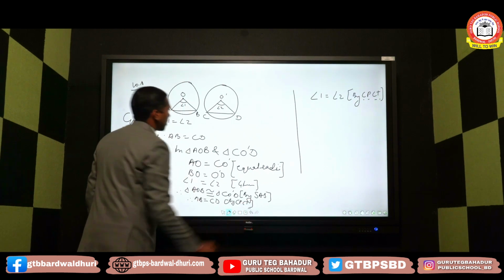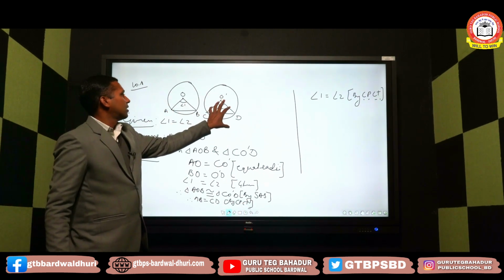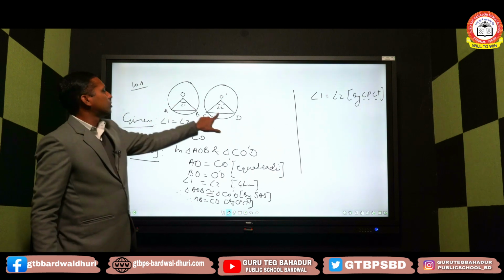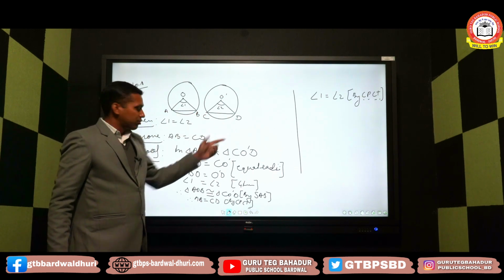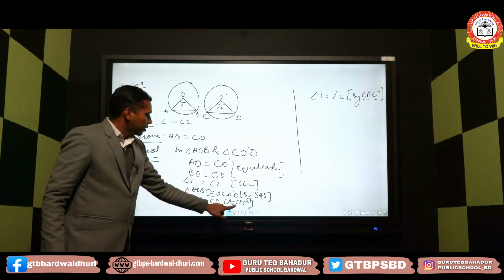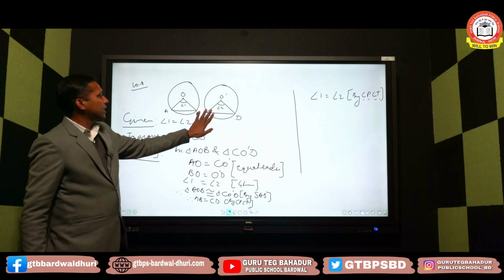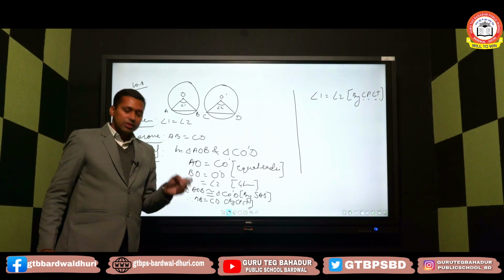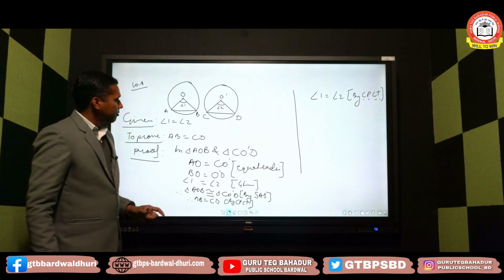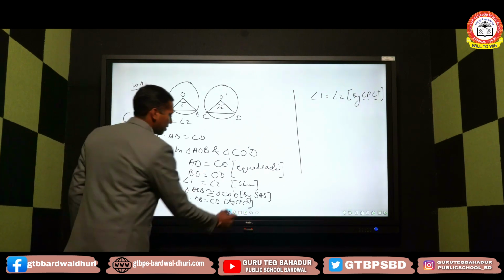Why are we using the word corresponding side here? If I cut this triangle from here and put it on the other, then exactly which side is covered by this one? Side AB covers CD. That's why we use the phrase corresponding part of congruent triangles. It means once we prove two triangles congruent and superimpose them, the part which coincides with the other triangle is considered a corresponding part and corresponding angle.